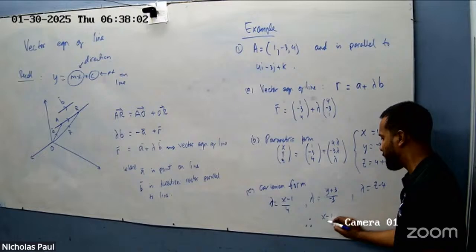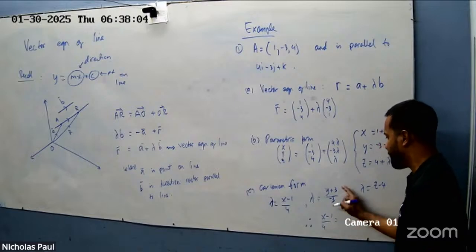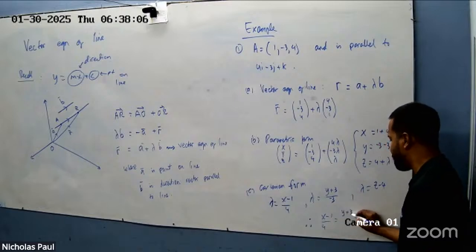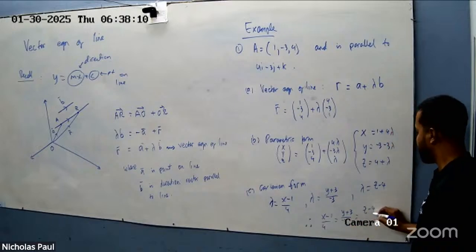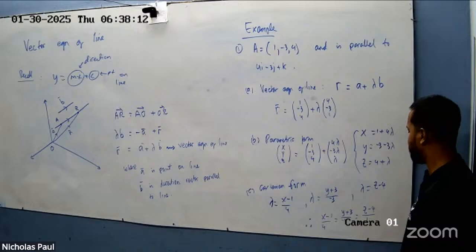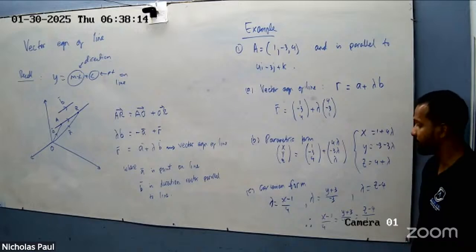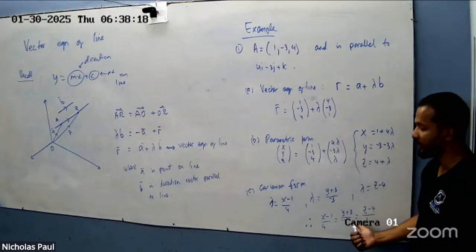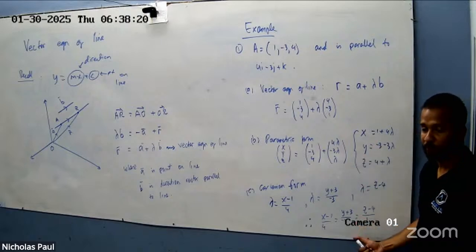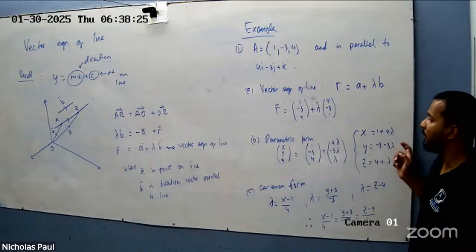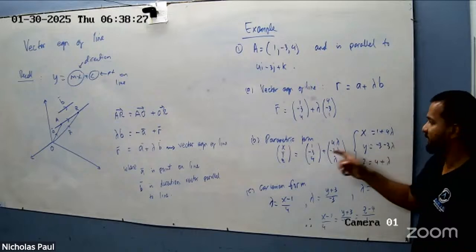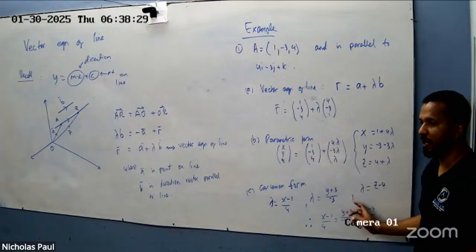X minus 1 on 4 is equal to Y plus 3 over minus 3 is equal to Z minus 4 over 1. That's it. Right? That's a parametric Cartesian. Any questions online? So here, I solve for X, Y, and Z. Here I solve for lambda.